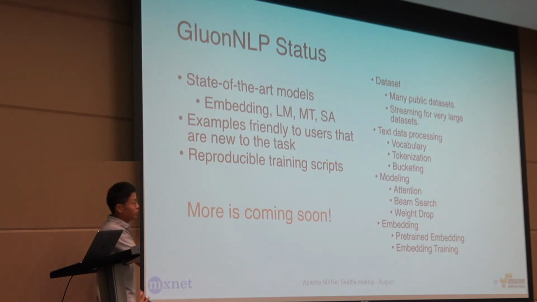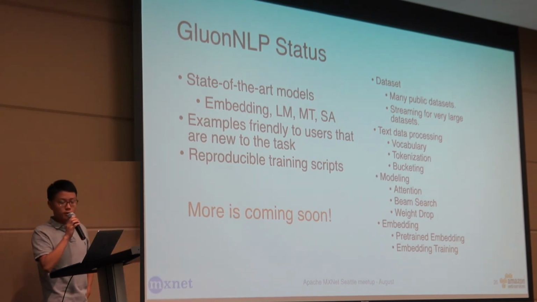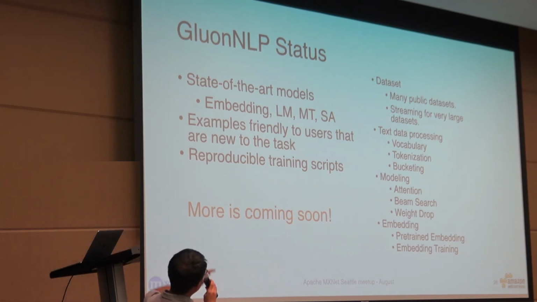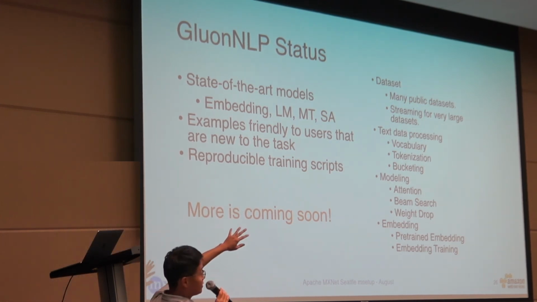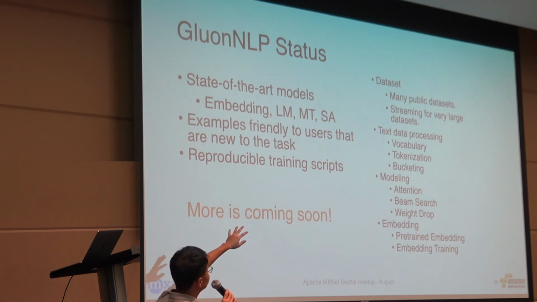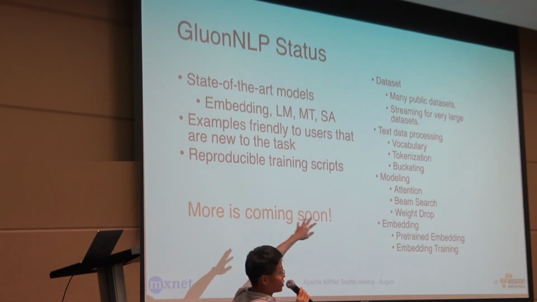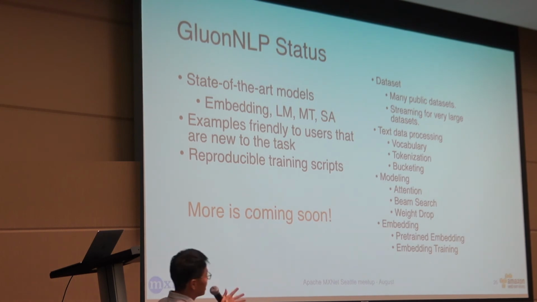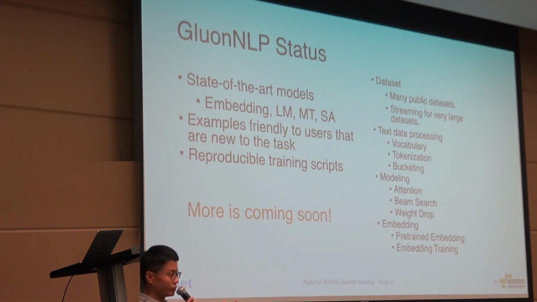So I want to talk about the current GluonNLP status. We have state-of-the-art models for embedding, language model, machine translation, and sentiment analysis. And more is coming: question answering, abstraction, and summarization are coming soon.